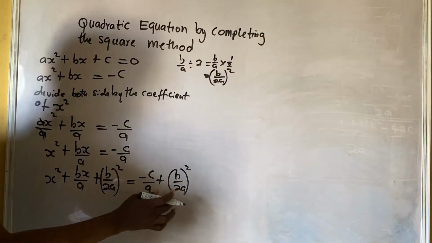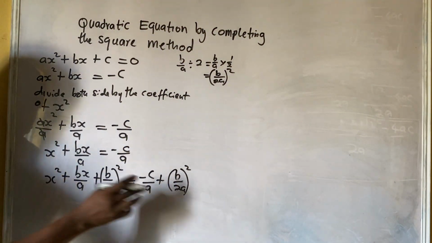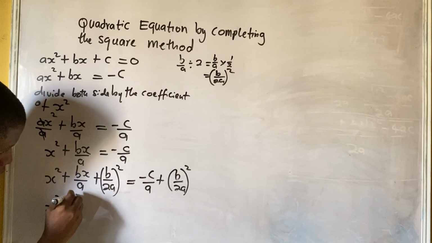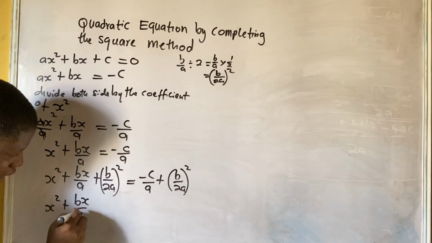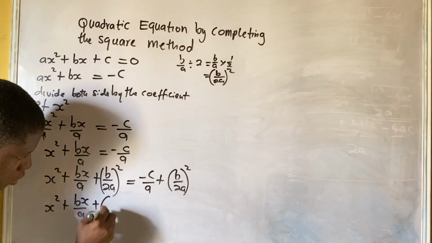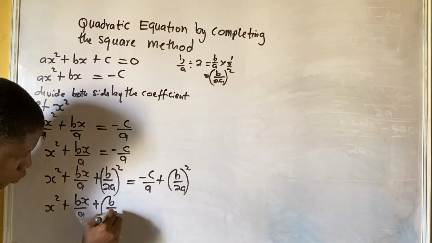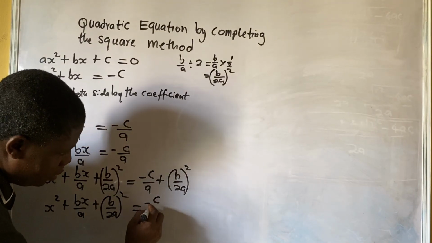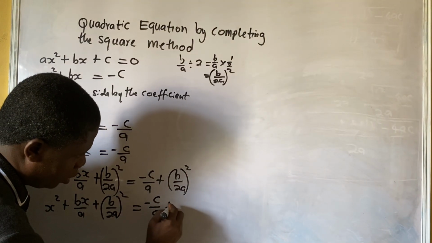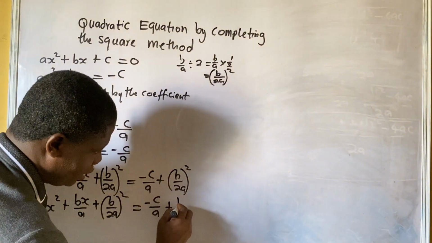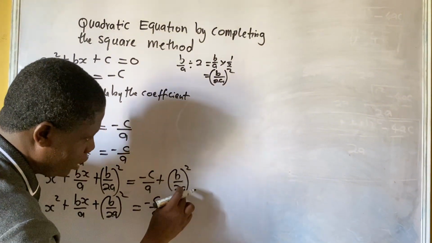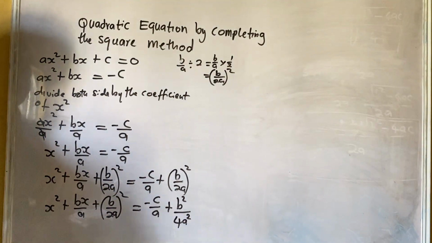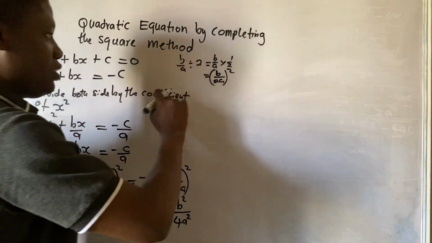So let's know what this is. So we have x squared plus bx over a plus b over 2a squared is equal to minus c over a plus b squared over 2a squared, which is 4a squared, right? So let's continue from this side.